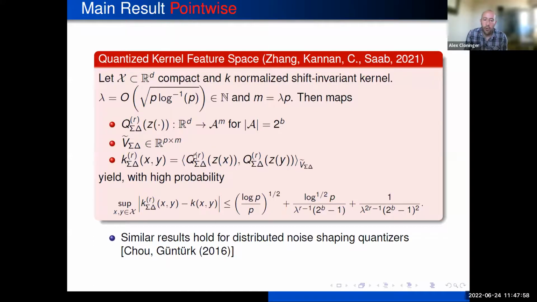Then I can build a string of bits that encodes X and a string of bits that encodes Y, such that when I take the inner product between those bit streams, the inner product minus the true value I'm trying to approximate is bounded by the size of the bit stream, plus some other terms that can be controlled according to the size of the alphabet, this parameter that I'm not going to get into.